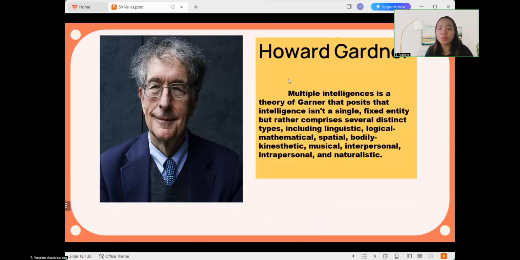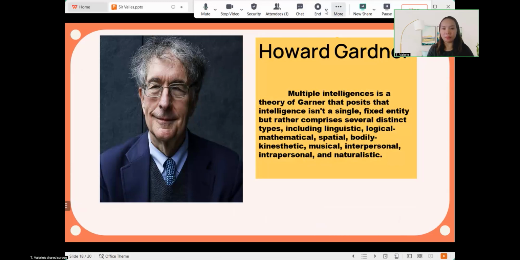Howard Gardner is most famous for his theory about multiple intelligences. It posits that intelligence isn't a single fixed entity, but rather comprises several distinct types, including linguistic, logical-mathematical, spatial, bodily-kinesthetic, musical, interpersonal, intrapersonal, and naturalistic.